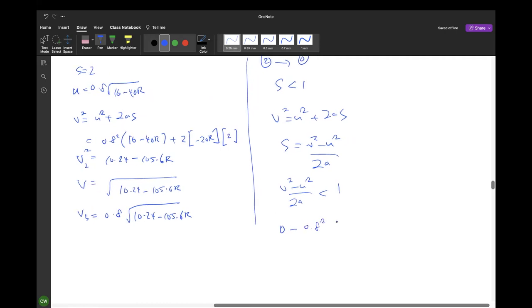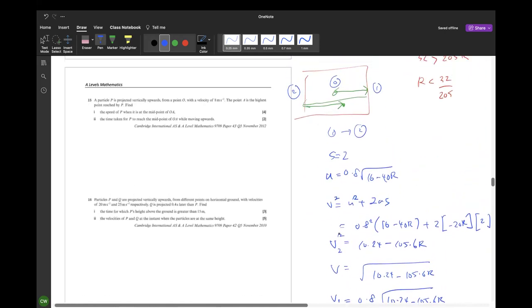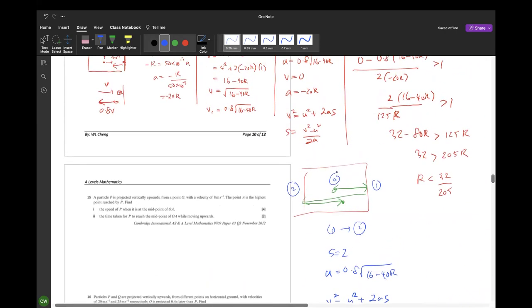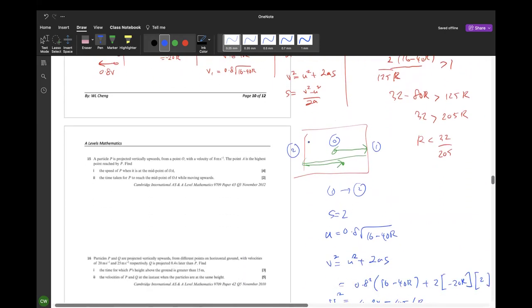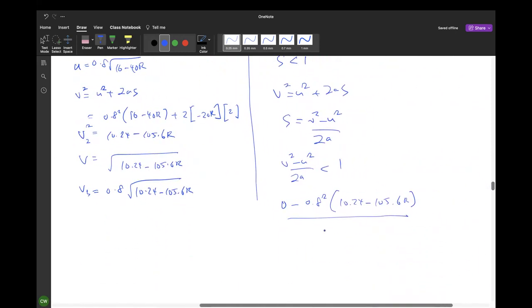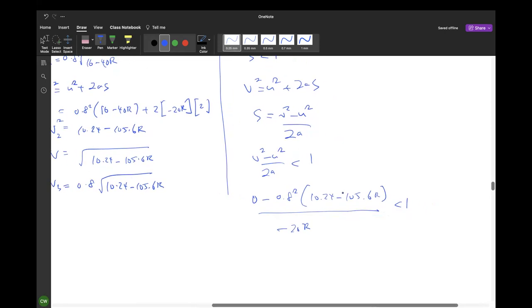So it's 0.8 squared times 10.24 minus 106R. The resistive force is still the same, minus 20R. Less than 1. Can you find the R? Please find the R.